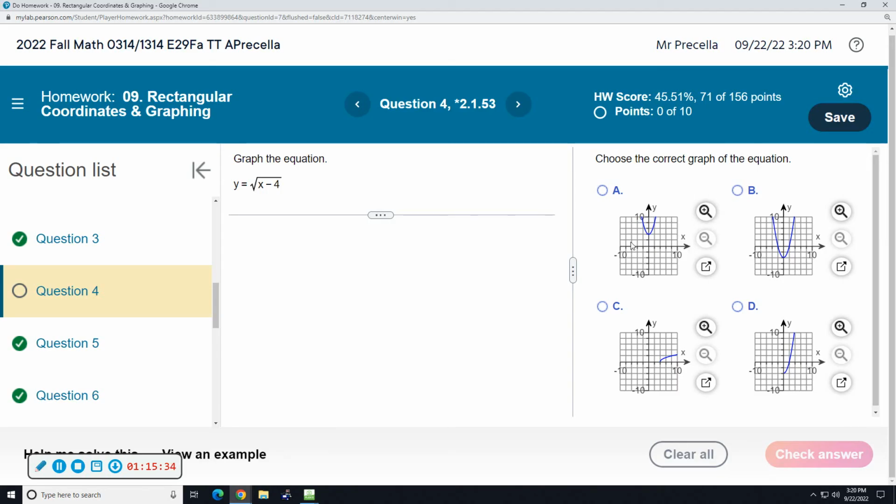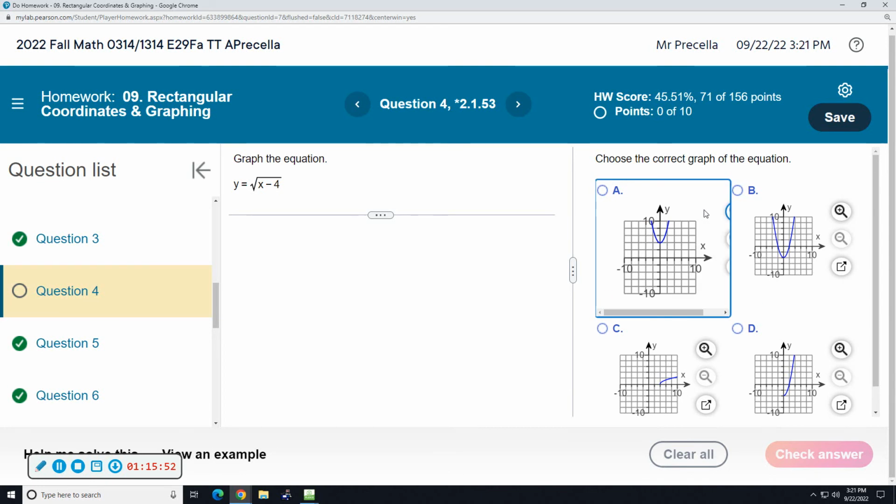I know it's the first time we've had a multiple choice graphing problem. I'm going to blow up each one of these pictures, and we'll see if we can tell which one is correct. Here's the first one. Does that look like it has 4, 0? 1, 2, 3, 4, 0? Certainly not.